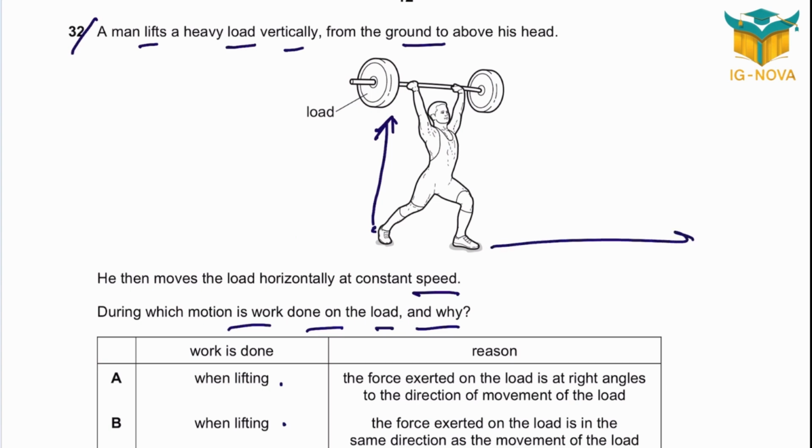Because in moving horizontally, the force acting is by the man himself, not by the load. So when lifting. The reason is that the force exerted on the load is at right angles to the direction of movement of the load, surely no. The force exerted on the load is in the same direction as the movement of the load upward, so the right answer is B.